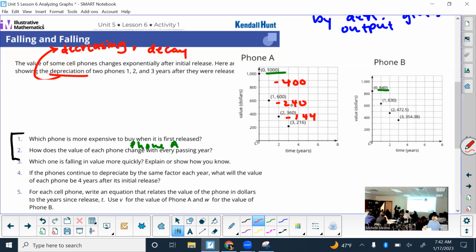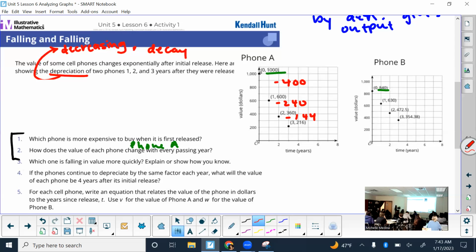What's this called in math terms? We've talked about it before. Well, it's definitely nonlinear, yes. But when I figure out basically how it's changing between certain times, that's my average rate of change, yes.